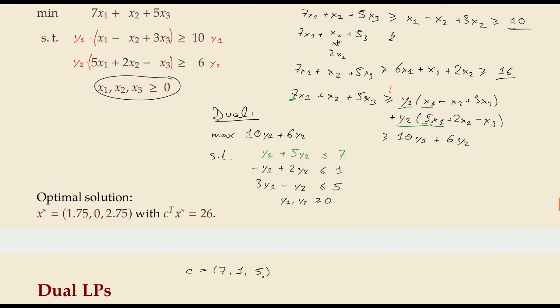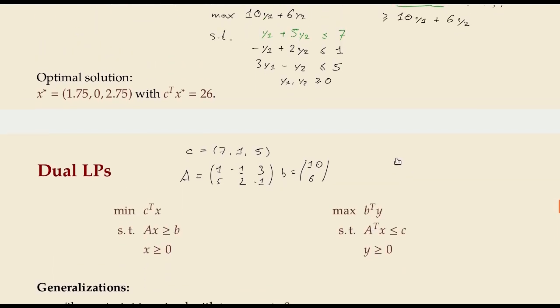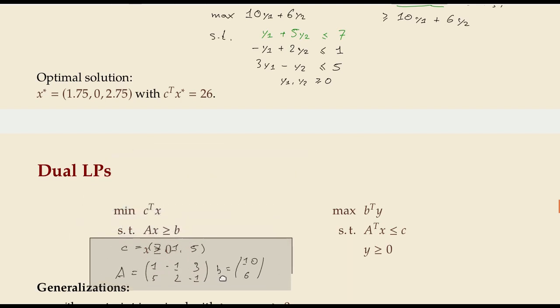That was the objective in that case. The b was 10, 6. And the matrix A in the primal was 1, -1, 3, 5, 2, -1. And here we have the dual problem. Let's move these a bit over here.